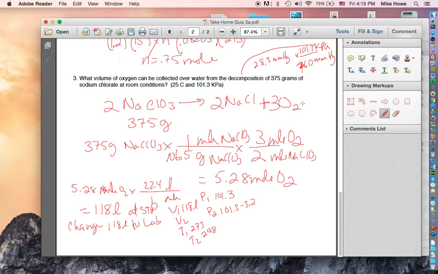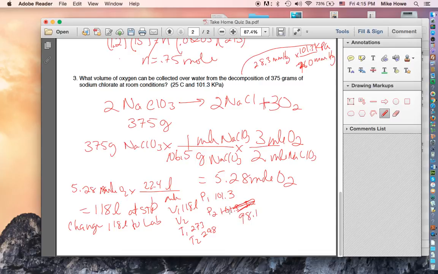All right, so that would give us our answer in kilopascals, and that comes out to be 3.2. So 101.3 minus 3.2 is 98.1. So P2 is 98.1.